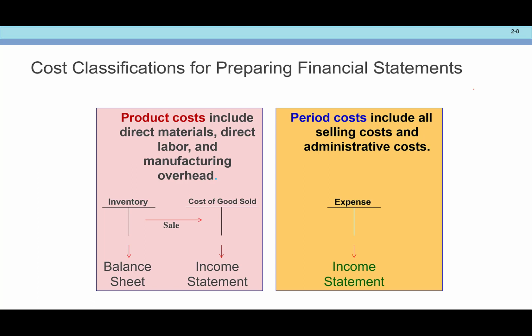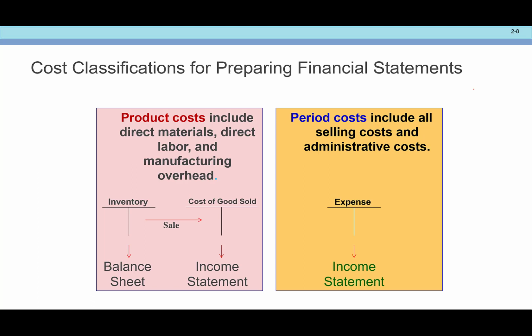Now let me ask you a question. Can a selling cost be a direct cost? It's a little bit confusing. It's a little bit deceiving the way we presented this material here. That's a hint as to the answer to that question.